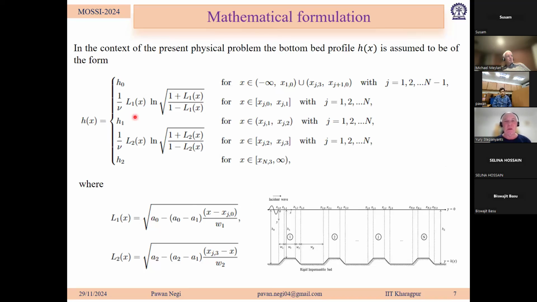In particular, if the slope is a hyperbolic function, an exact solution can also be obtained. And moreover, if the profile is described by tangent hyperbolic, again an exact solution can be obtained. Okay, I will send you the paper. You will have a look.